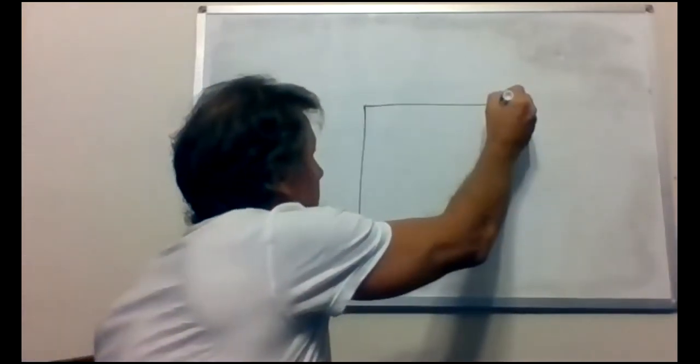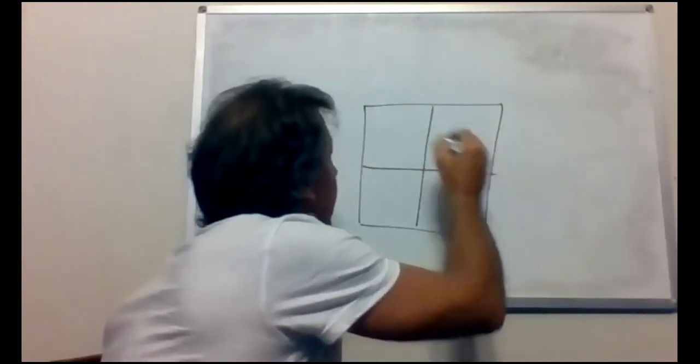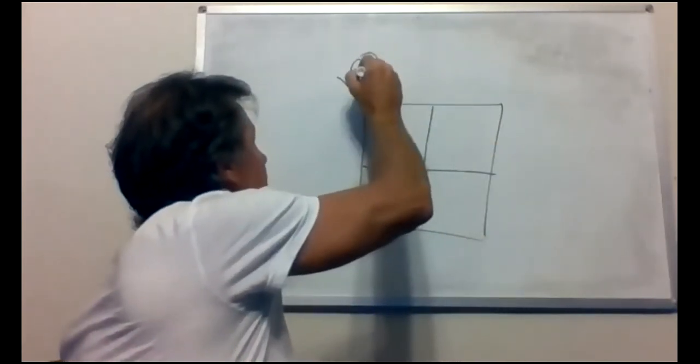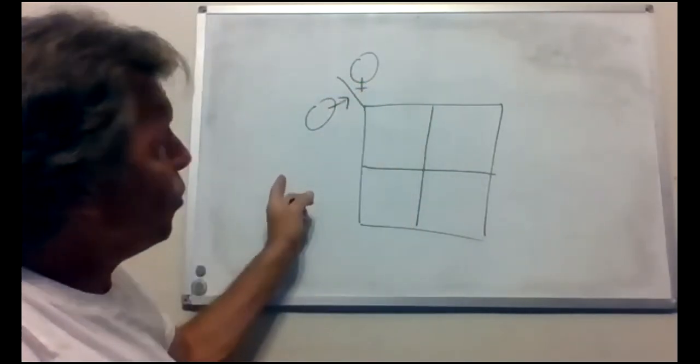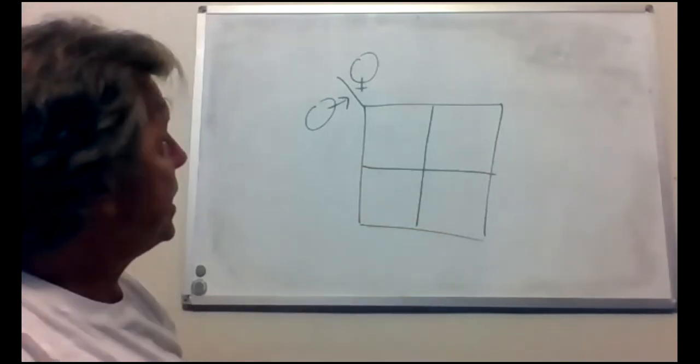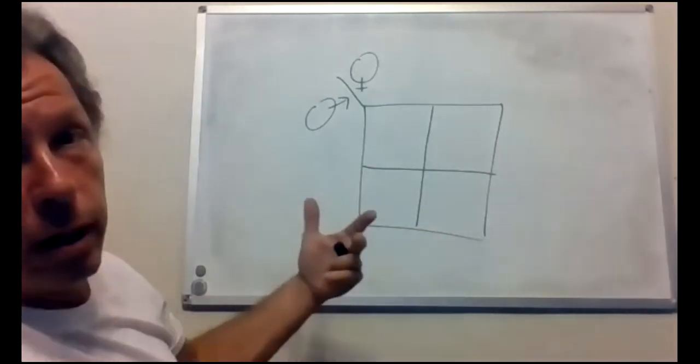So I take my X here, the box, and let's do this. Let's say this is the maternal and this is the paternal. Well, what are the alleles that the mother has? Let's say the mother was the tall allele, right?